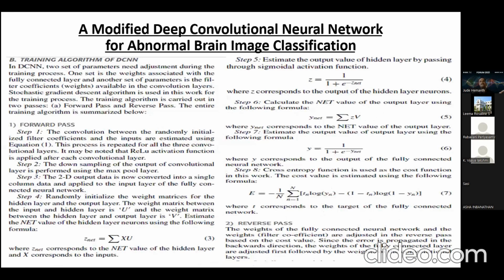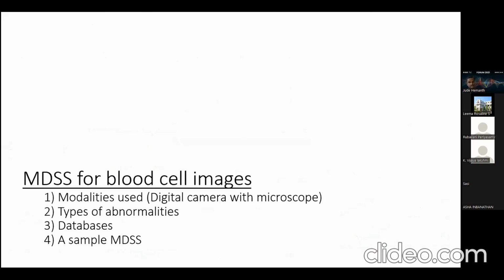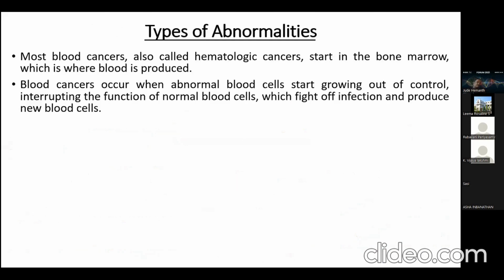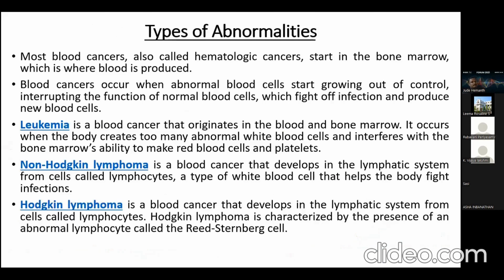So again, the same deep learning models, the same algorithm. If you are good in programming, or you can get the help of a programmer or a programming student, you people can join and make this. And this is used for blood cell images also, blood cancer images. Leukemia, non-Hodgkin lymphoma, Hodgkin lymphoma. These are different types of blood cancers which are predominant in India.